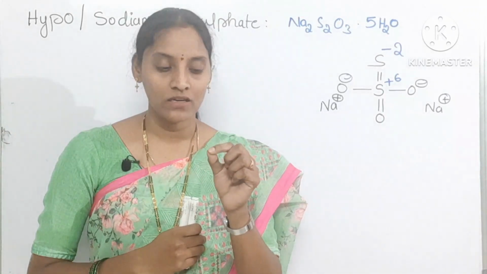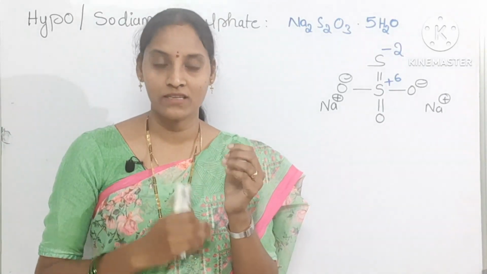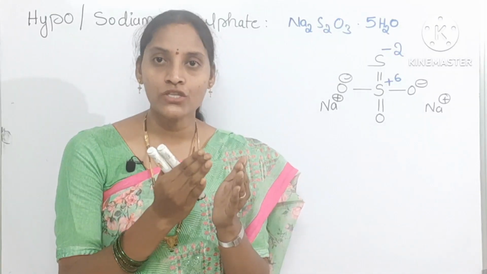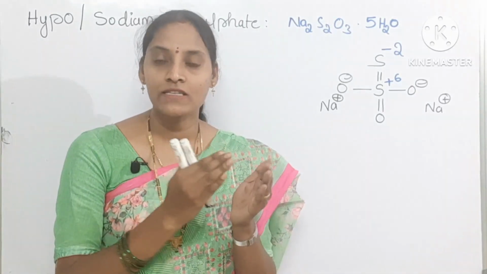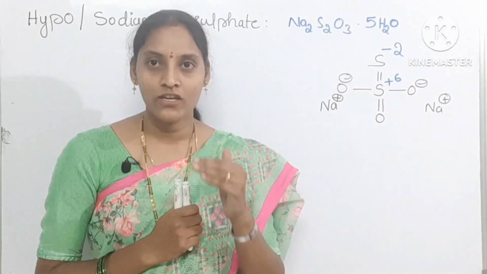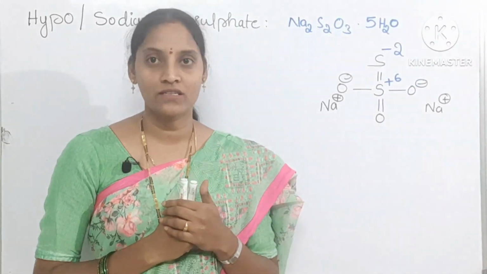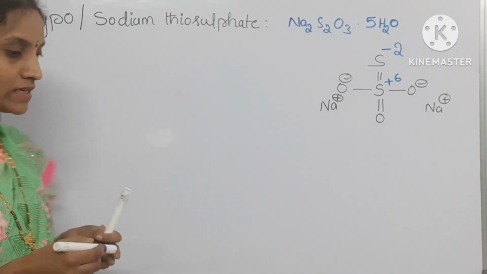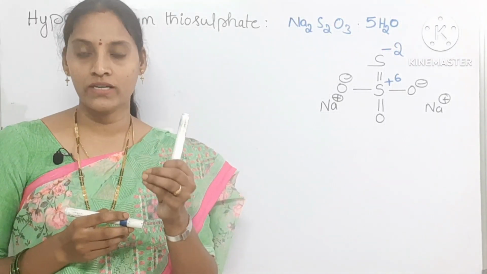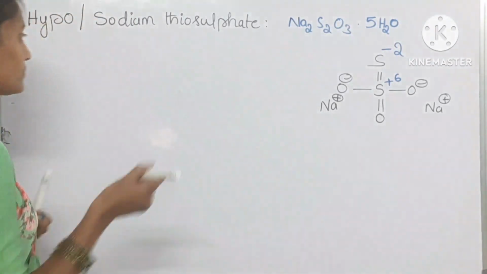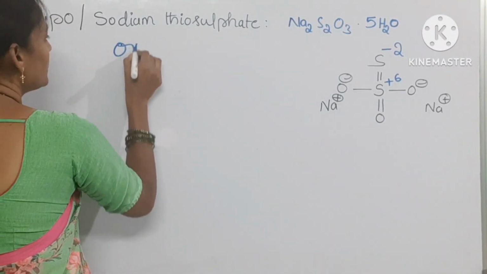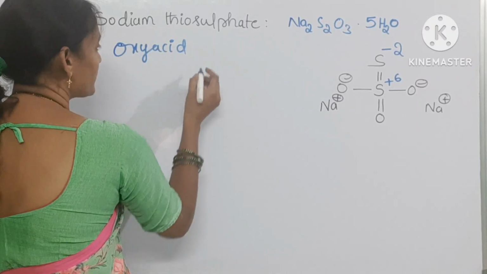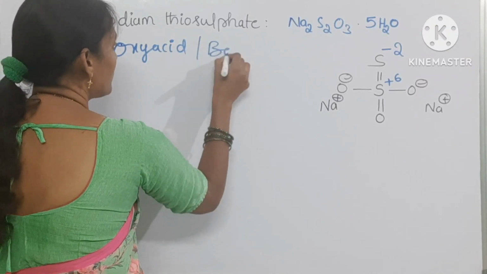In any oxy acid, here we are taking sulfur, so there must be bonds between sulfur and oxygen. It is the least acidic, so we can call it basic in nature. So this is an oxy acid or oxo acid of sulfur and also acts as a base.